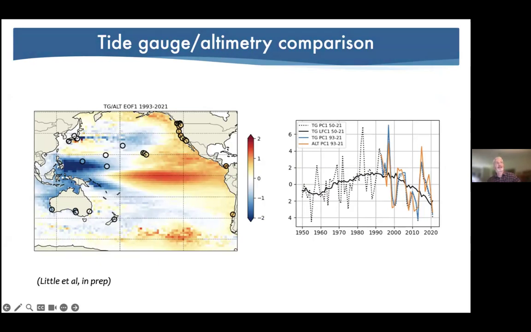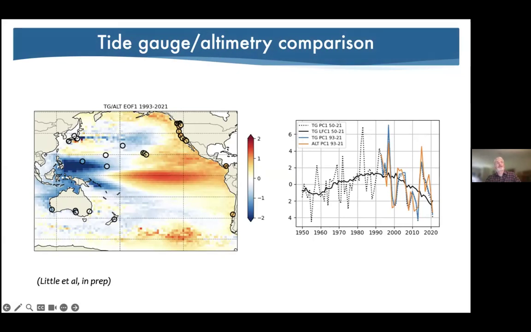The message I'm trying to get across in this slide is that what's happening in the tide gauges very closely matches what's happening in the altimeter record in terms of the zonal dipole, both in an interannual sense, but also in a long-term trend sense over the length of the altimeter record.